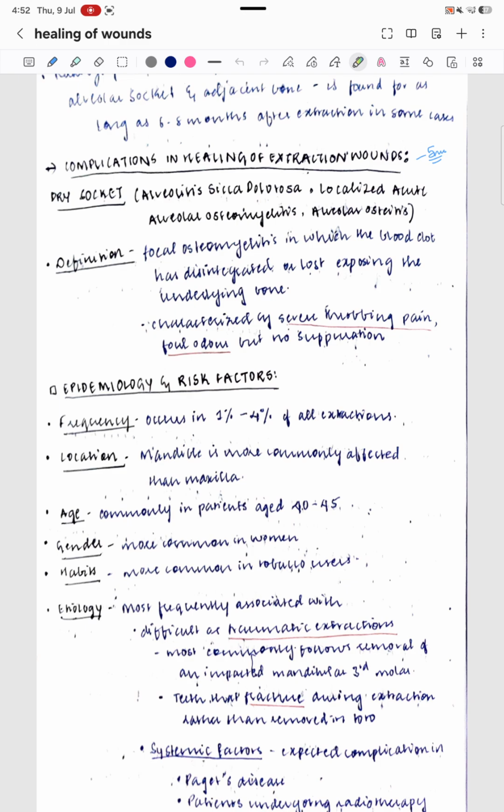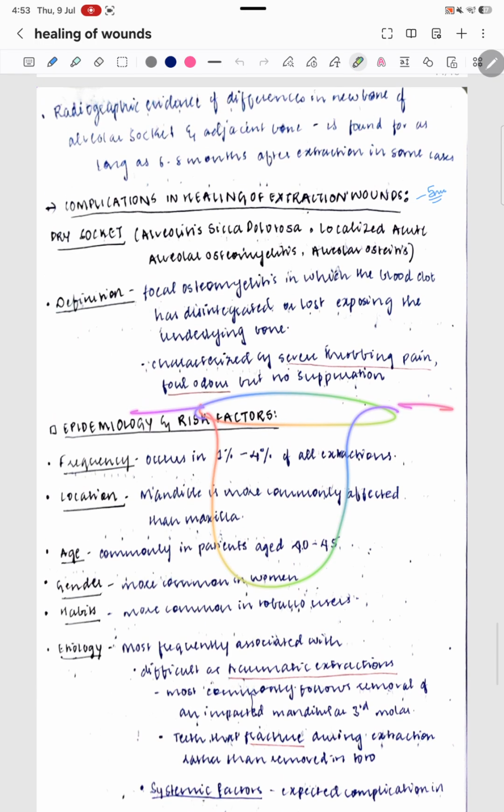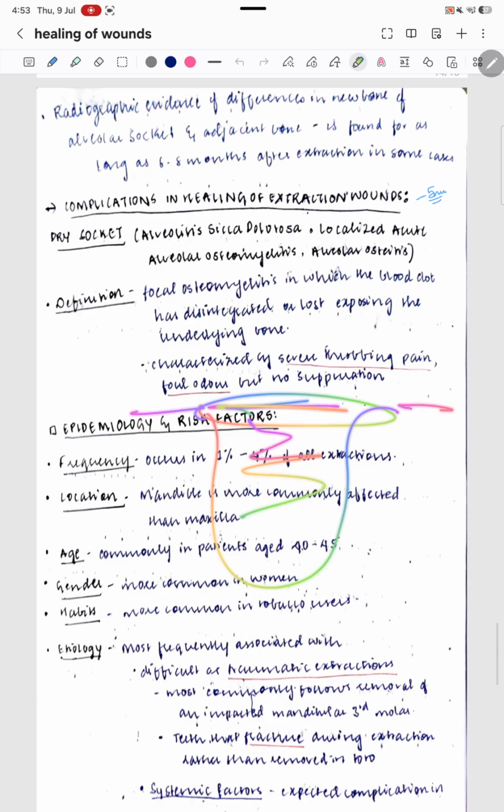Now the definition of dry socket. Dry socket is a focal osteomyelitis in which the blood clot has disintegrated or been lost, exposing the underlying bone. As we were reading in the healing of the extraction wound, there is a formation of the clot below which the granulation tissue forms and matures.